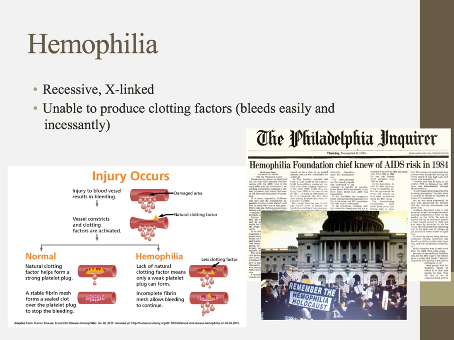Back in the 80s, like when I was a kid, we often heard of hemophilia patients contracting HIV. That's because hemophiliacs tend to need a lot of blood transfusions, and back before AIDS was well known or able to be detected, unfortunately, a lot of these individuals ended up receiving blood transfusions from people that were carrying the HIV virus. So some really interesting history involved with this disease.